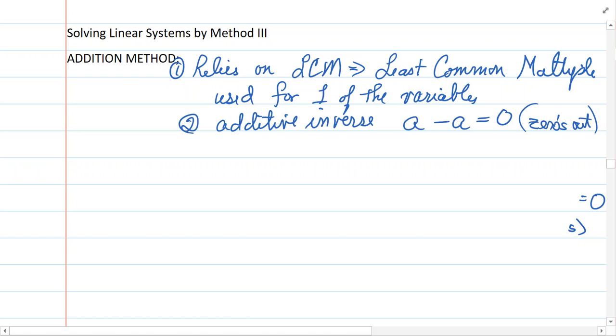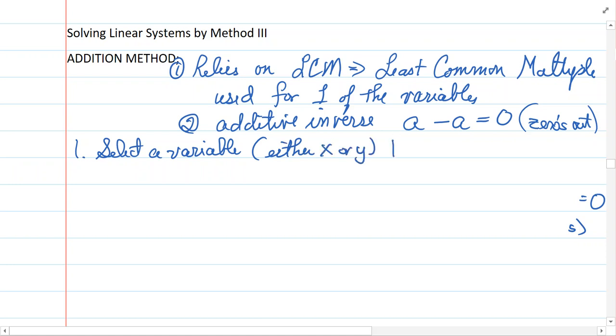All right. So our first step in using the addition method: select a variable, either x or y, one of them, to remove. We're going to remove it.